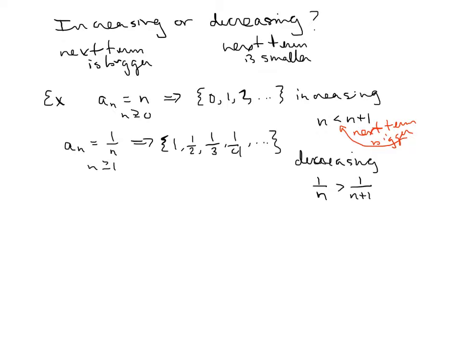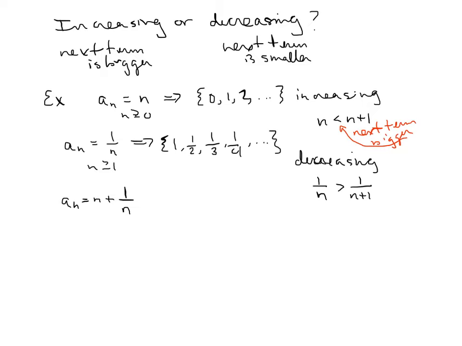So there's an increasing sequence, there's an obvious decreasing sequence, and let's look at one more that's kind of not so obvious. What if a sub n is n plus 1 over n? Now we know that n is increasing, we know that 1 over n is decreasing, and I don't really know whether this is actually increasing or decreasing in general.